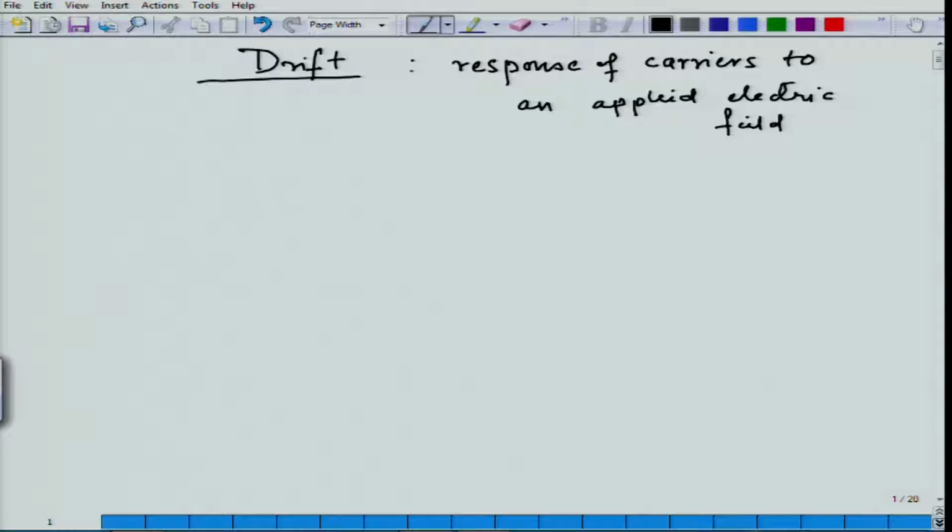If you recall, the first lecture in this course started with a similar discussion.